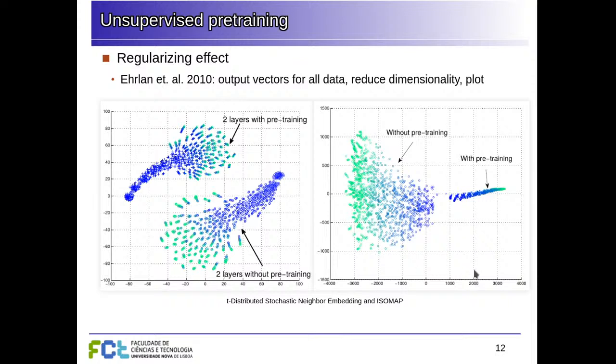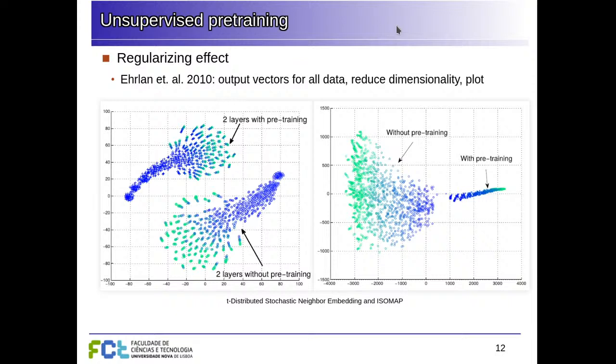But if we use an isomap projection, we see that the trajectories of networks with pre-training are all very similar, because isomap now preserves better the distances over large scales. And we see that without pre-training, these trajectories are very broad and very spread out. So we see that pre-training has this regularizing effect in that it makes all the networks start in a different but smaller subspace of the combination of parameters.